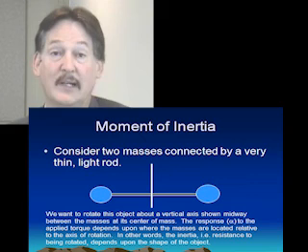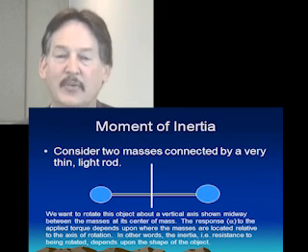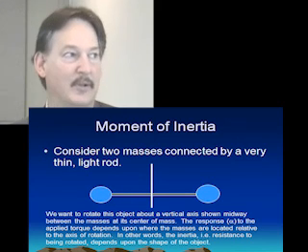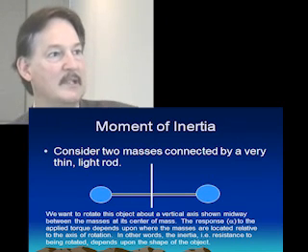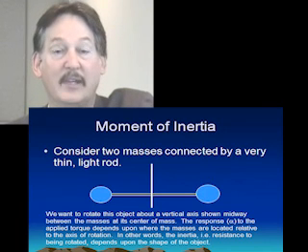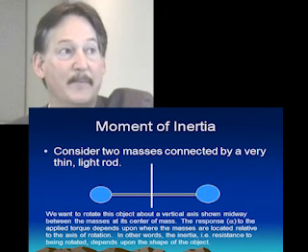The thin light rod merely means that we don't need to include its mass in our calculation, that it is negligibly small, and in fact we can essentially make its mass equal to 0. We want to rotate this object about this axis, this vertical axis, halfway between the two masses.